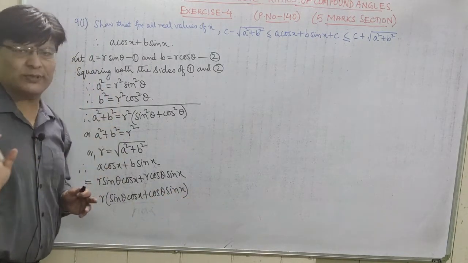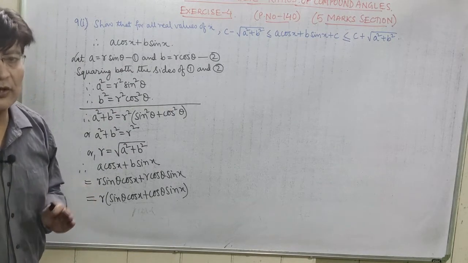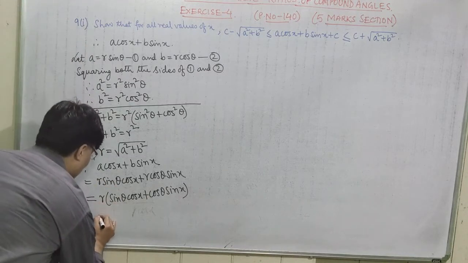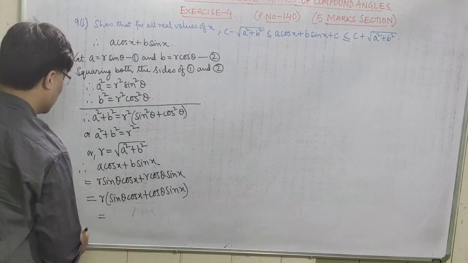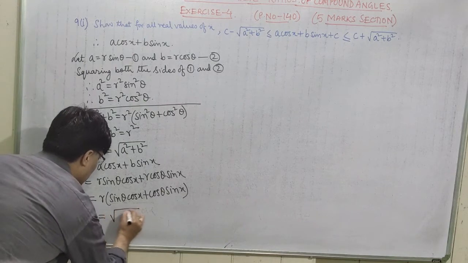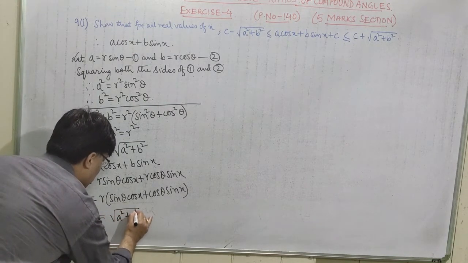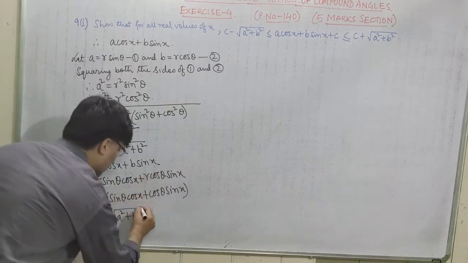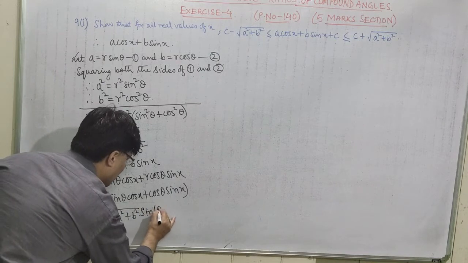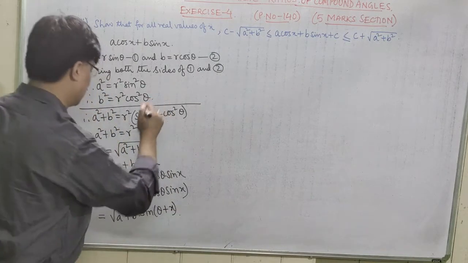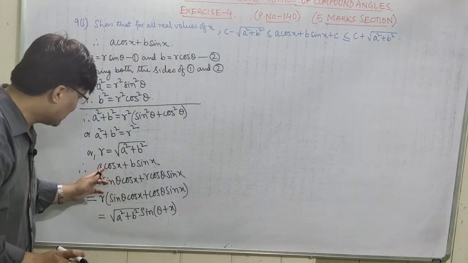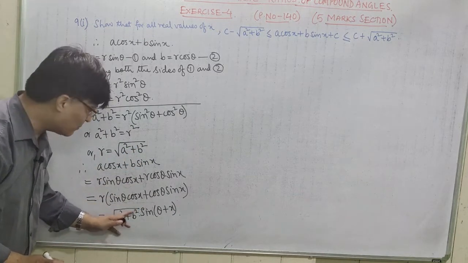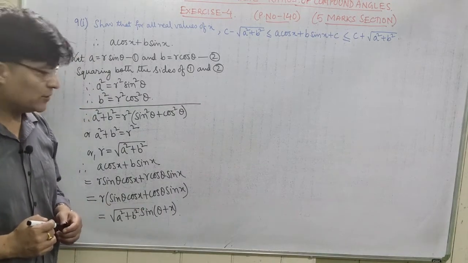So here we don't have to get the value for theta. No need of getting the value for theta. You just have to find out the value for r. So what is the value for r here? It is root over a square plus b square into, what is the formula in this case? Sin a cos b plus cos a sin b. That is sine of theta plus x. Okay, that is a cos x plus b sin x is simplified as root over a square plus b square into sine of theta plus x.